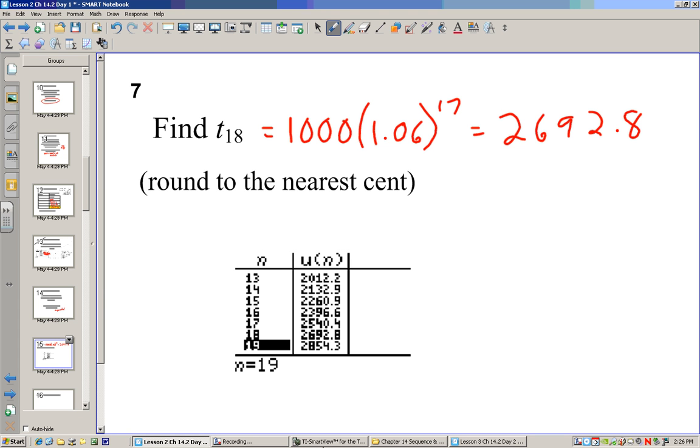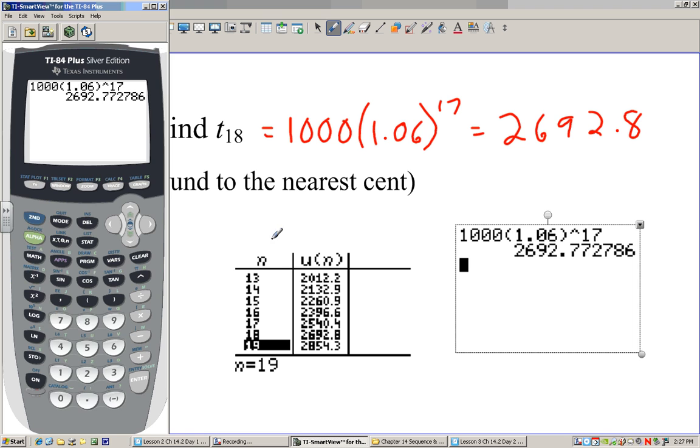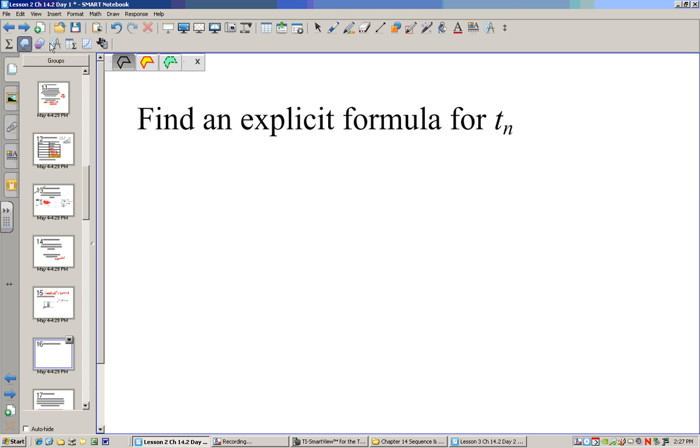Now, if I would have done this, let's see if I did my work right. If I did this just on my blank screen, if I took 1,000 times 1.06 to the 17th, looks like we get the same value. So there's a couple different ways we can get the same value.